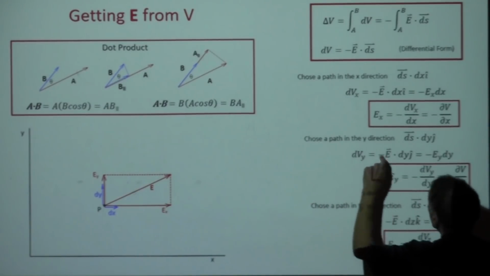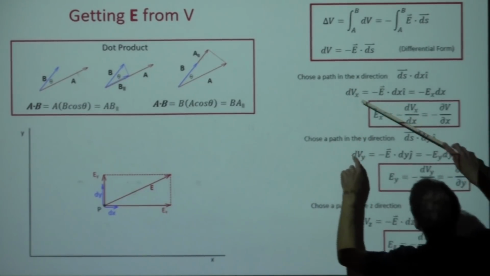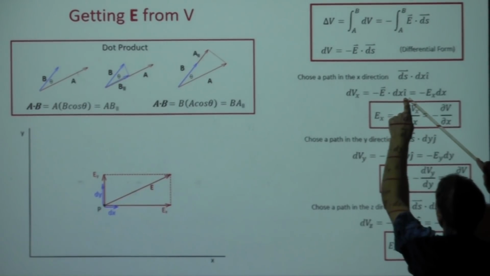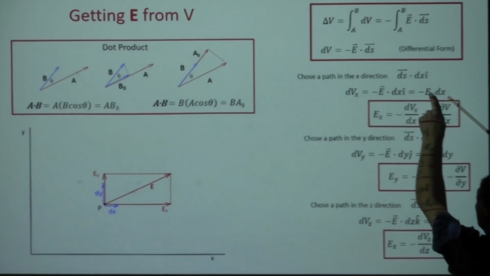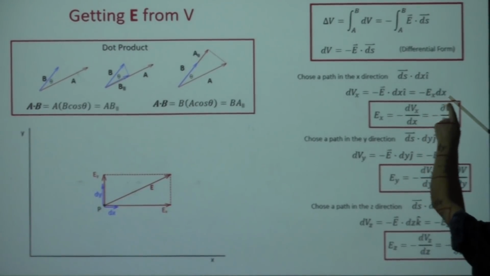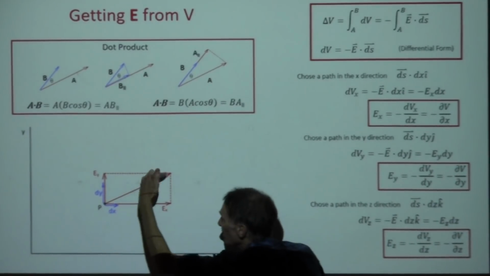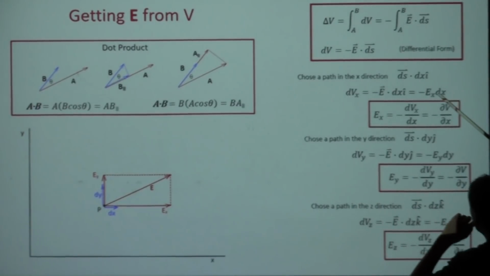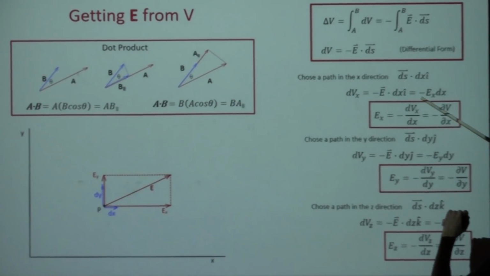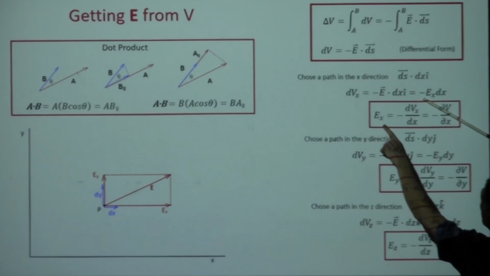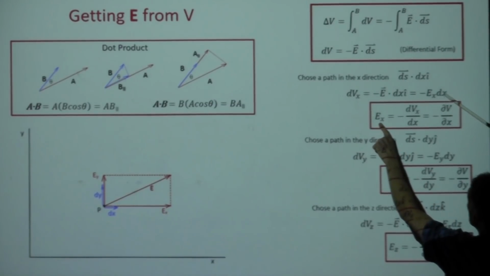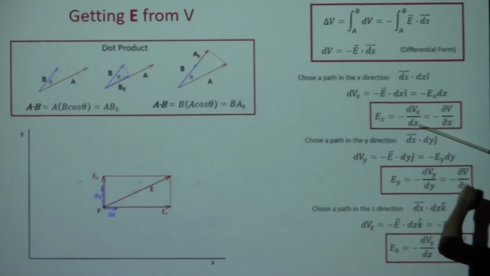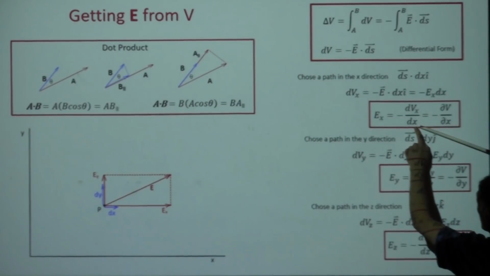Then the dV in the x is going to be minus E dot ds, which is just dx times i hat. Then this dot product is just the x component of E in the dx direction. We still have that minus sign. Then we can say that E in the x is just minus dV in the x divided by dx, and that leaves us with this differential.